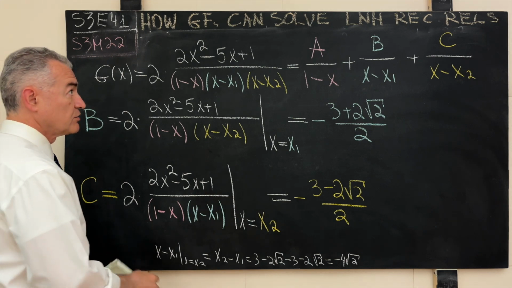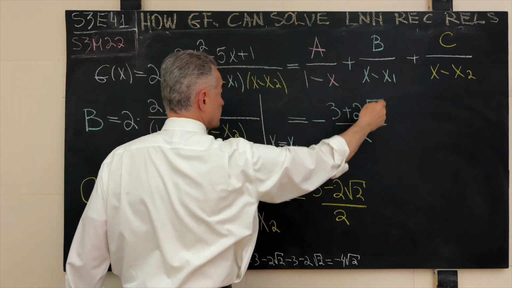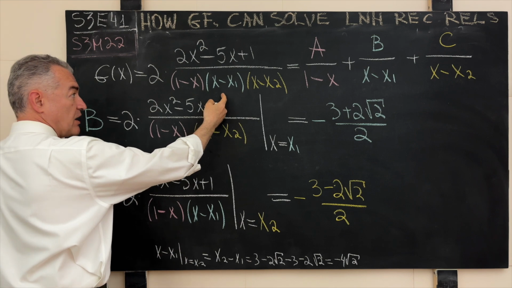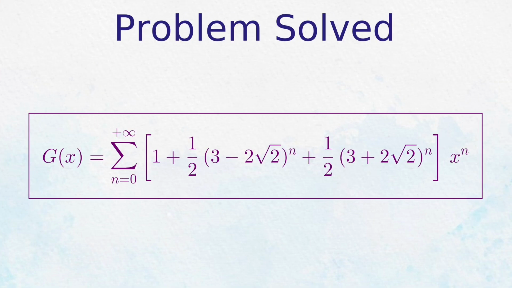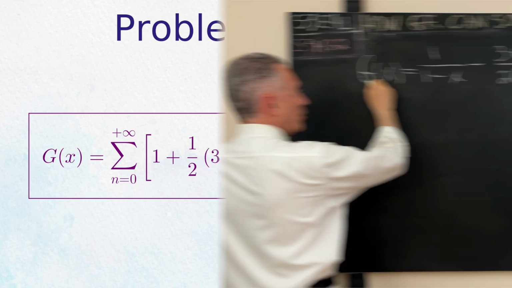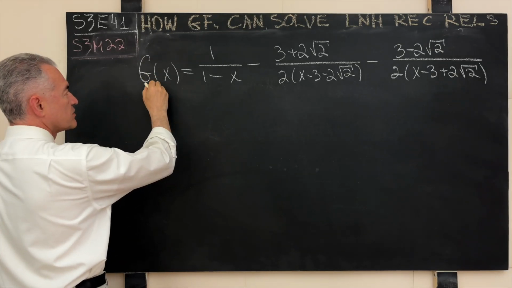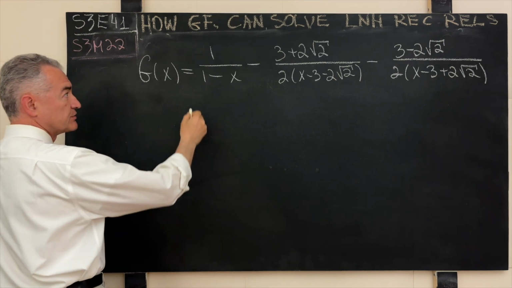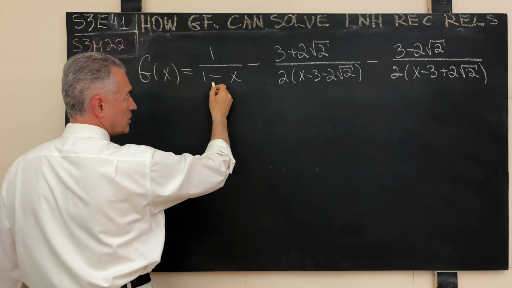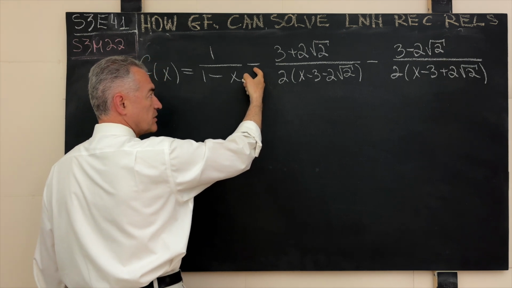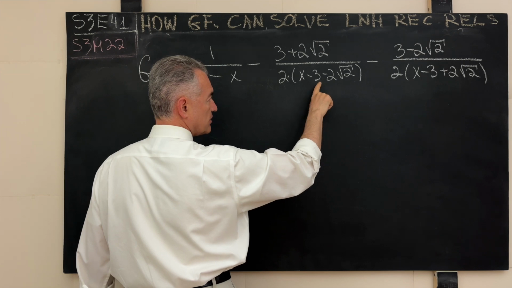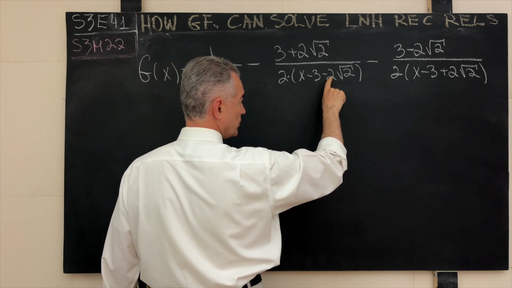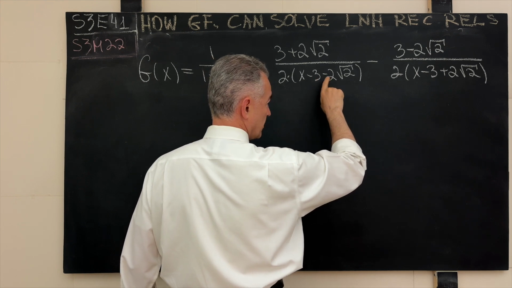Well, now we know the values of these coefficients, so now we can represent our original generating function as follows. Our formerly mysterious generating function g of x is not mysterious anymore, because now it can be represented as follows: 1 over 1 minus x minus, don't forget we carry the -3, plus 2 square roots of 2 over 2 times x minus x1, and this is 3 plus 2 square roots of 2, with the minus, everything becomes minus.